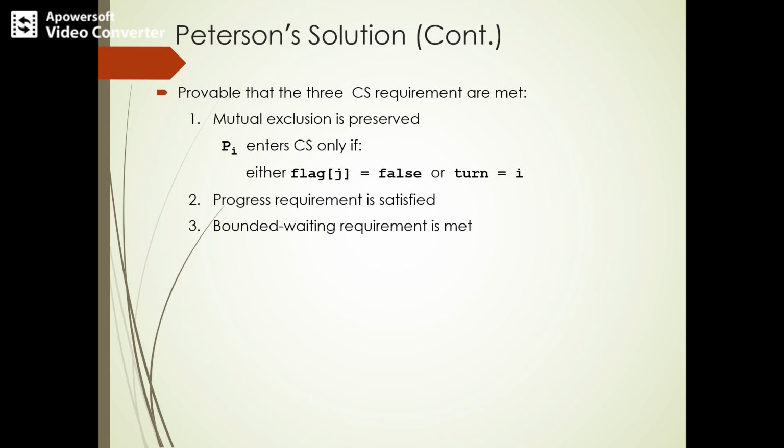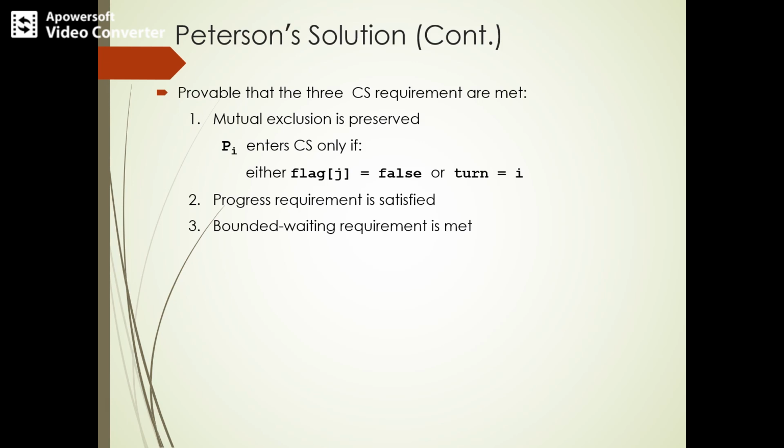Currently we have seen that process Pi is ready to enter the critical section, so those processes can be moved into the critical section. And the progress requirement is also satisfied. Progress requirement means that if no process is executing in the critical section and any other process wishes to enter, then we have set the turn equal to j, which means the next turn is process j.